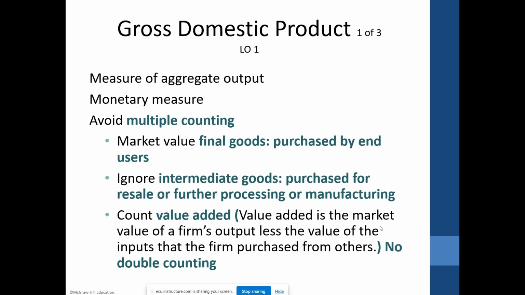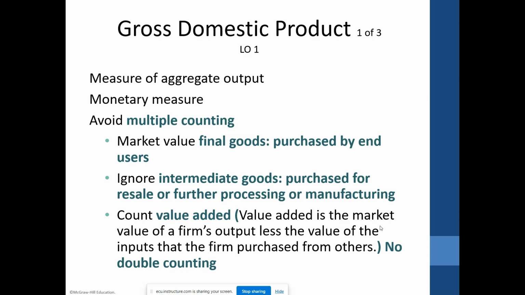All goods and services produced must be converted into dollar values for GDP to work. To avoid multiple counting of goods, GDP includes only the market value of final goods and ignores intermediate goods, which are goods either purchased for resale or for further processing into final goods.